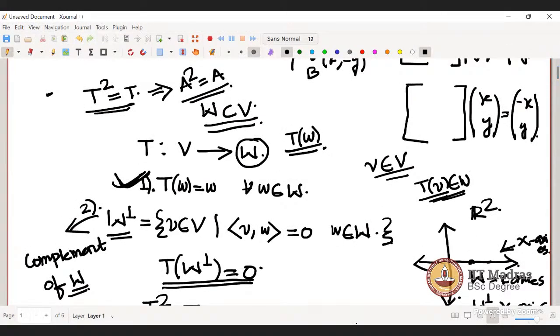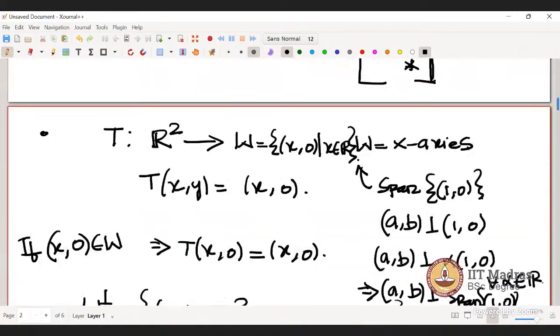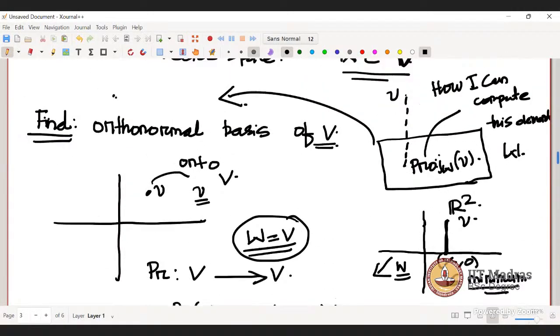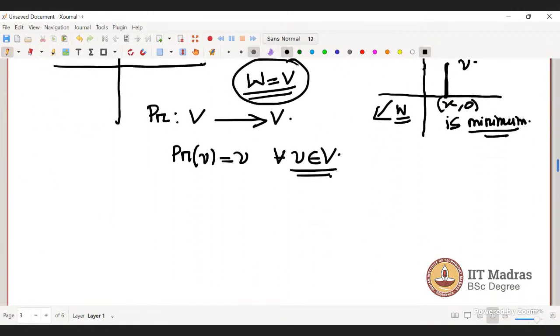As you can see, T of W is basically W. So the projection map from V to W is always surjective.